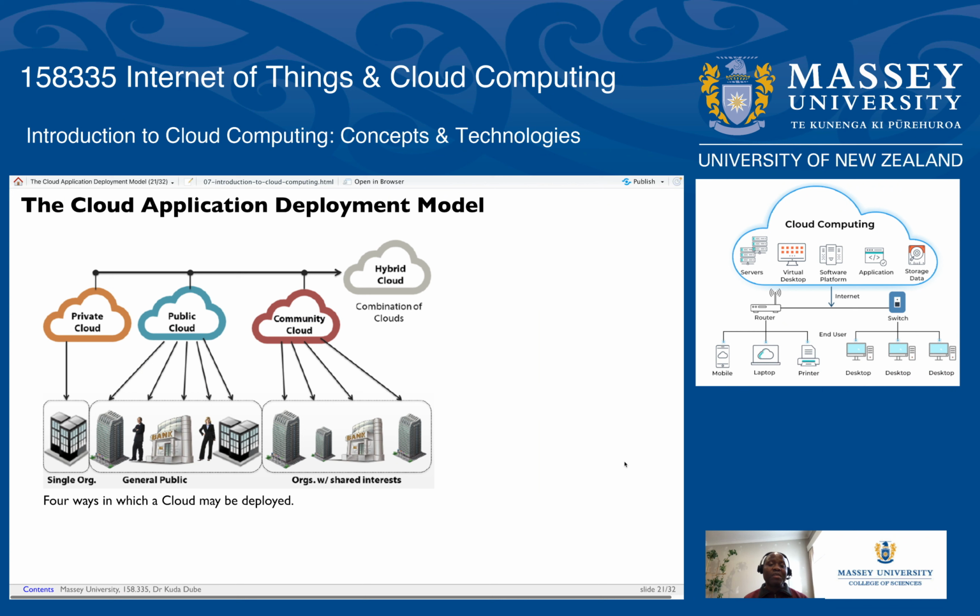You may have a public cloud, where a service provider provides the public with a cloud that ordinary people can start using. Amazon runs a public cloud, and lots of organizations and clients can use that. So it's a public cloud.